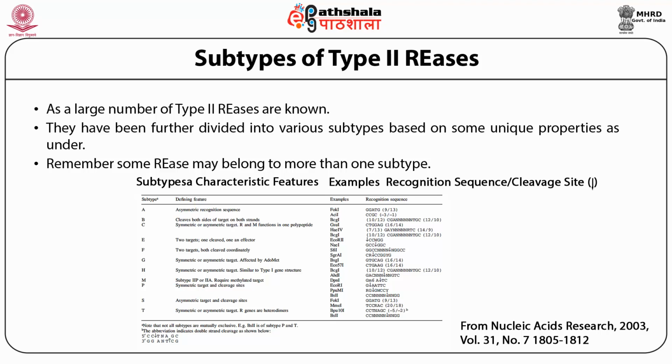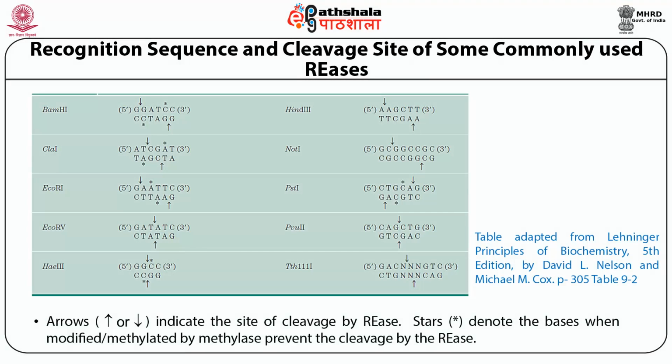Type 2T recognizes both symmetric as well as asymmetric targets, and its restriction enzymes usually make heterodimers. Examples are Bpu10I or BslI.